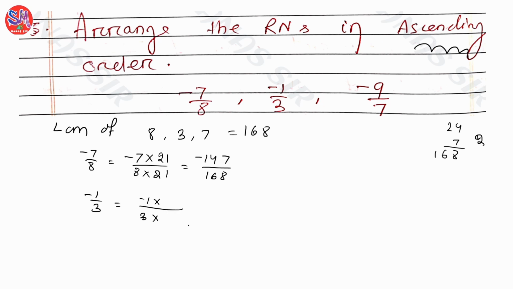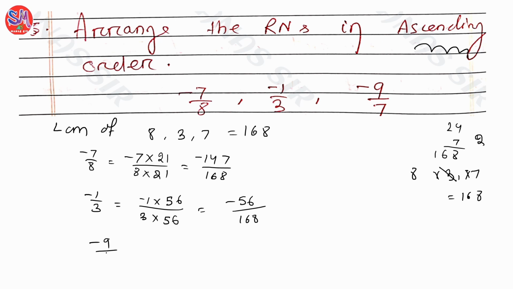So tell me, 3 into how much? Now 3 into 8 is 24, 24 into 7 is 168. If you multiply by 56, then we get 168, because 8 into 3 into 7 is 168. So the answer is minus 56 divided by 168.